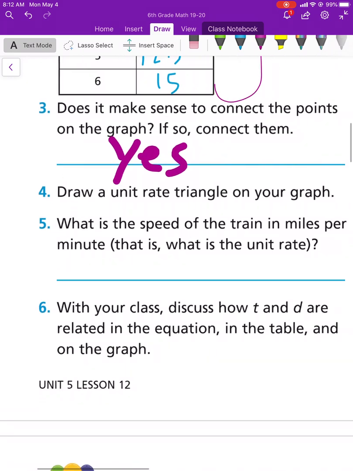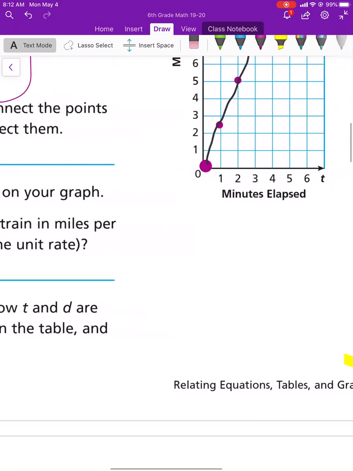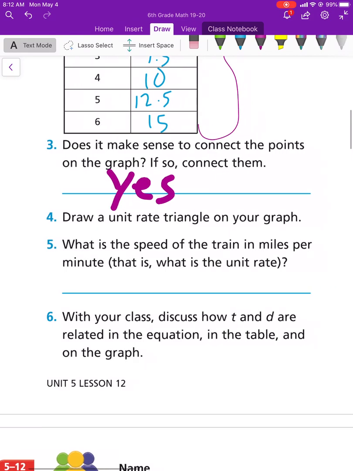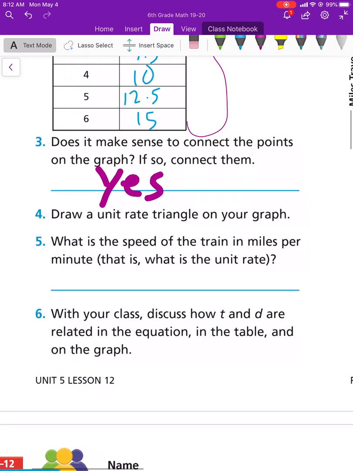Awesome. So draw a unit rate triangle in your graph. Let's do this in green. My unit rate triangle would look like this, which is over 1 up 2.5, right? The height of this would be 2.5. Awesome. So what is the speed of the train in miles per minute?